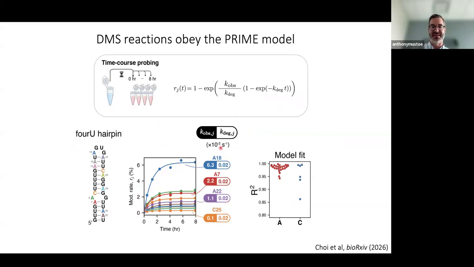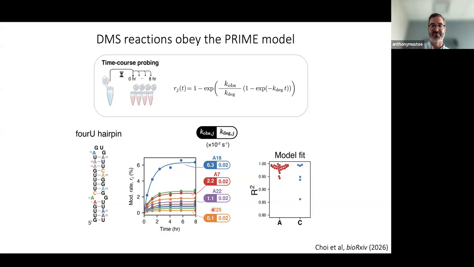And what you can see is that the rates that we're measuring, we're getting two measurements. This K degradation rate, which is the rate of DMS degradation, and you can see that it's consistent basically across all the nucleotides, as well as now this K observed, which includes this equilibrium constant that we care about.